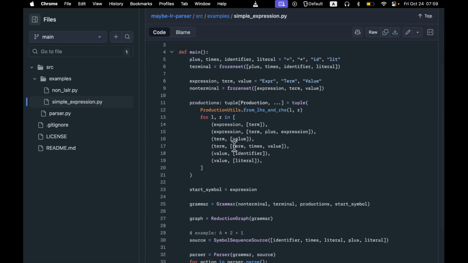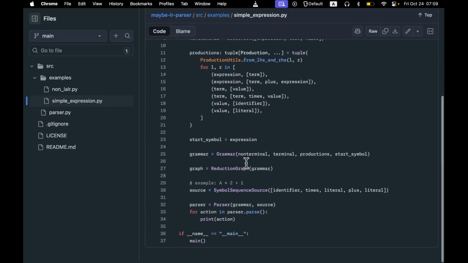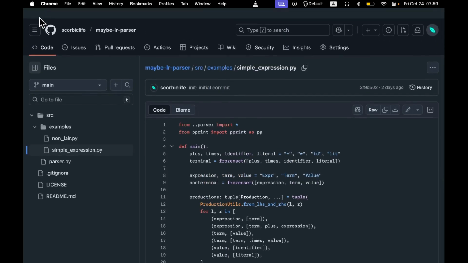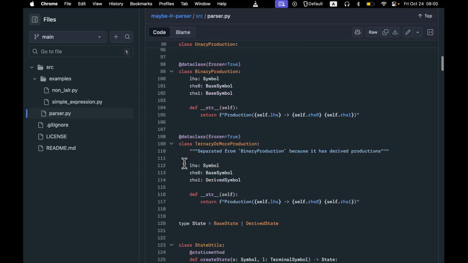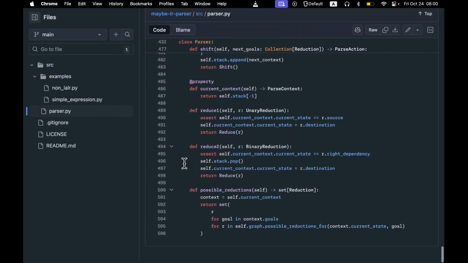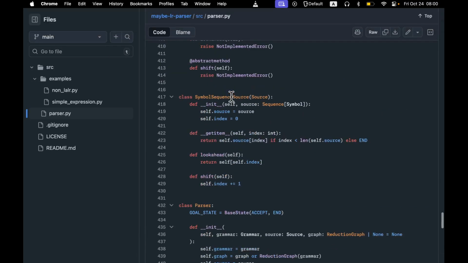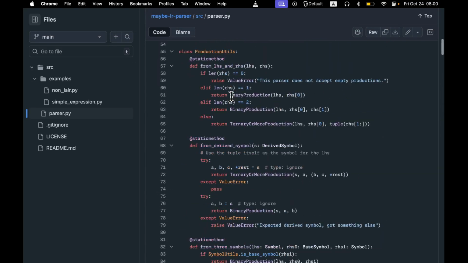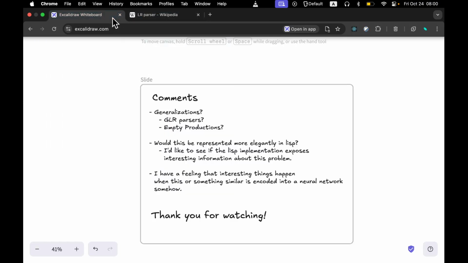This is the example that is demonstrated in the video, and this is the parser code. 500 lines, not so bad. I tried to make it readable. I'm not sure if I succeeded in that, but here's the parser code.